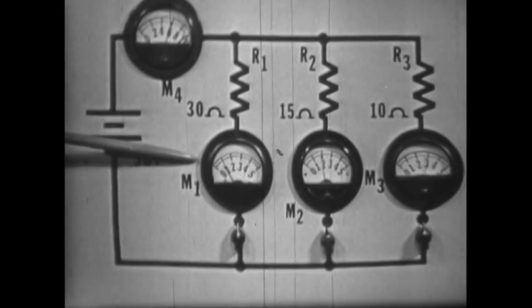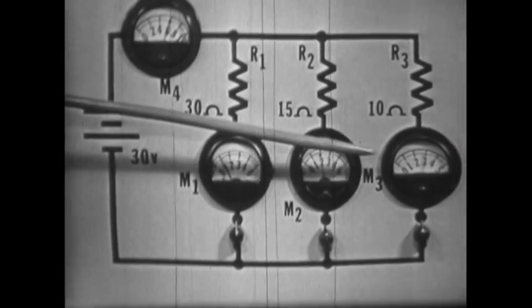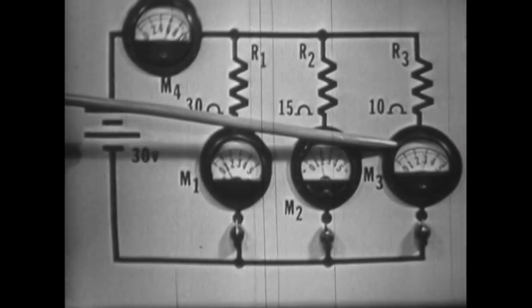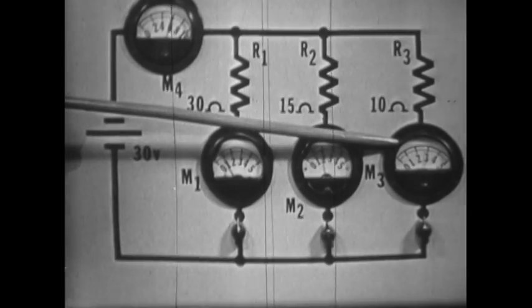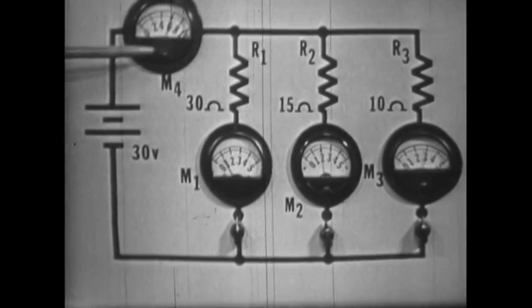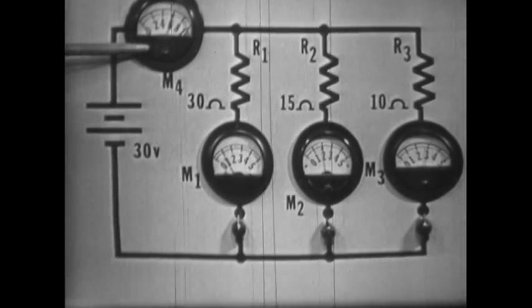Meters 1, 2, and 3 are used to indicate the current through the individual branches, while meter 4 indicates total current.